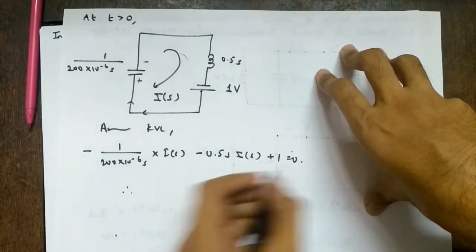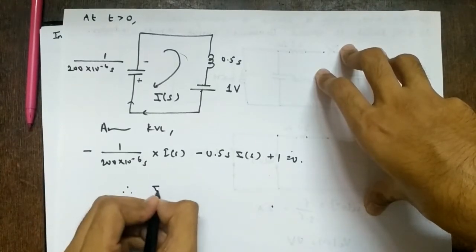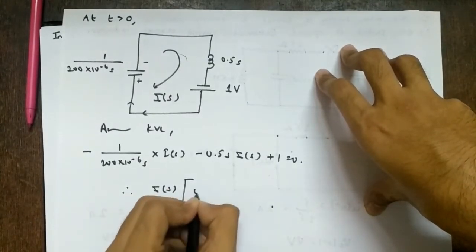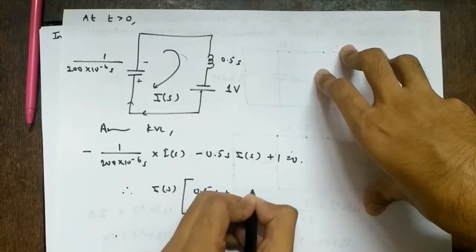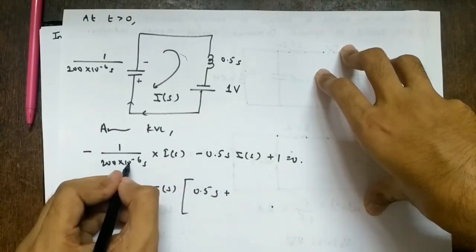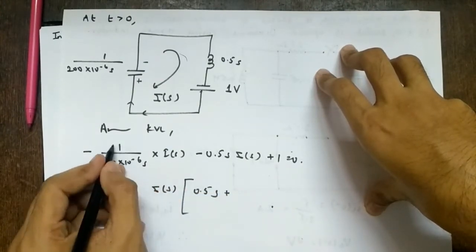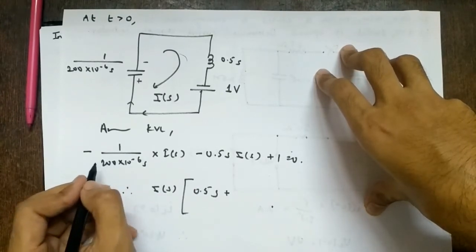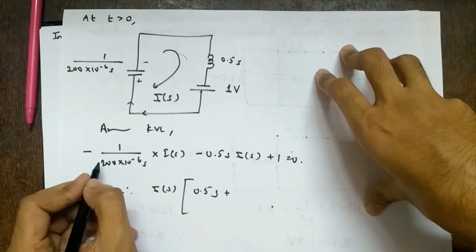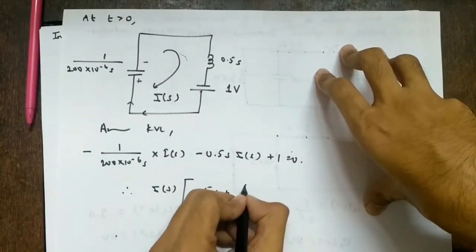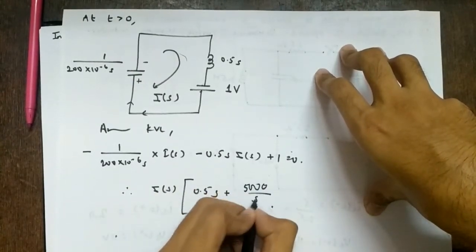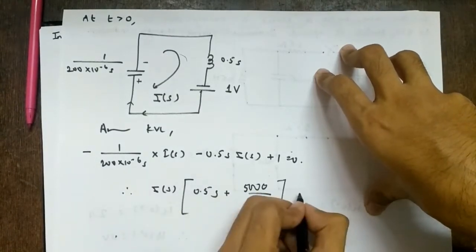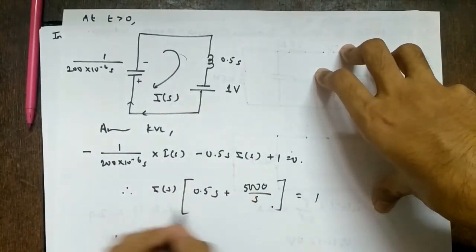So therefore I'll take I of s here because it will become positive. So I of s into 0.5 s plus this will be what? 2 into 10 raised to minus 4, so 10 raised to 4 upon 2. Right? So it will be 10 raised to 4 means 5000 upon s equal to 1.